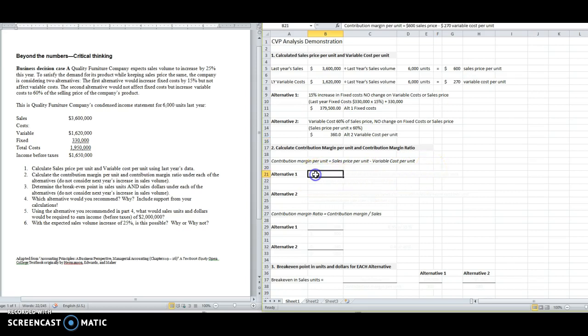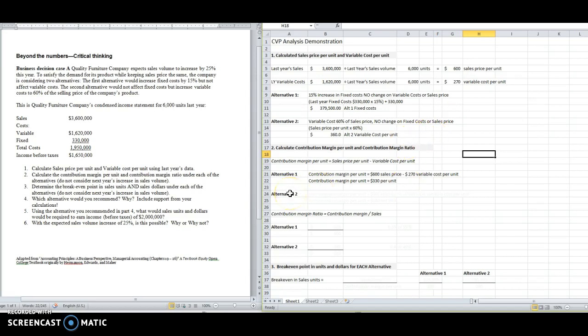So let's start with alternative 1. There is no change in variable costs or sales price, so we're going to take the original sales price of $600 and subtract the variable cost per unit of $270. That gives me a contribution margin per unit of $330.